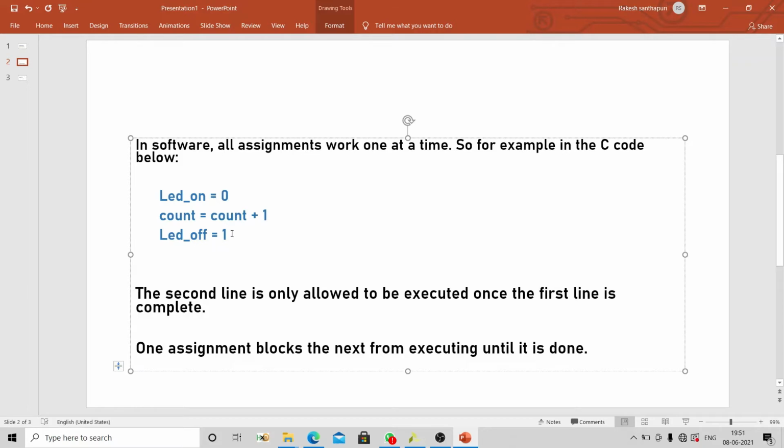It executes the first line, then the next, then the next. So the second line is blocked by the first line until it is complete. One assignment blocks the next from executing until it is done. This is the blocking assignment, because only after completion of one line is the other line going to be executed.